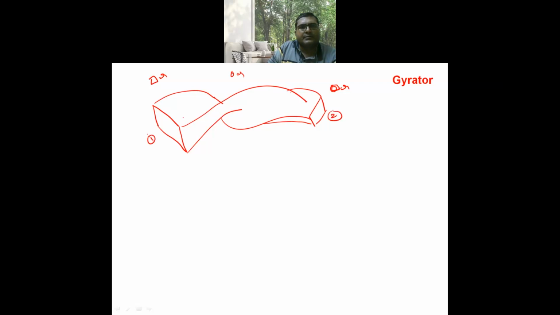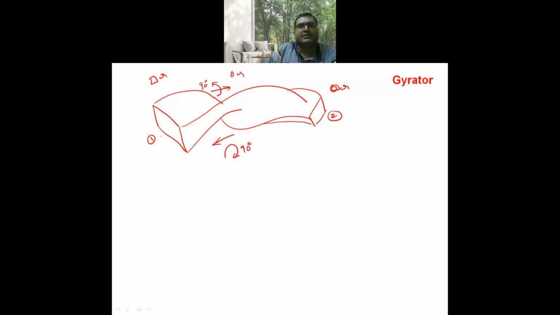When an EM wave is traveling from port 1 to port 2, you just assume this particular twist offers 90 degrees in anti-clockwise direction, and from port 2 to port 1, it offers 90 degrees rotation in clockwise direction. Means here twist offers rotation in opposite direction.